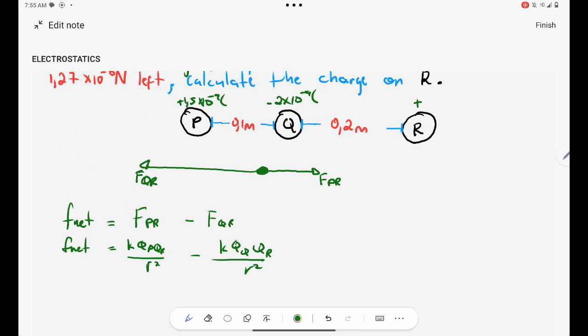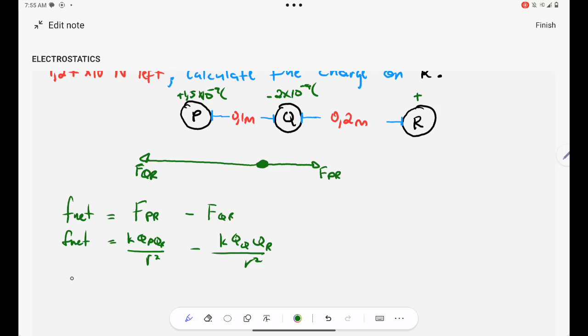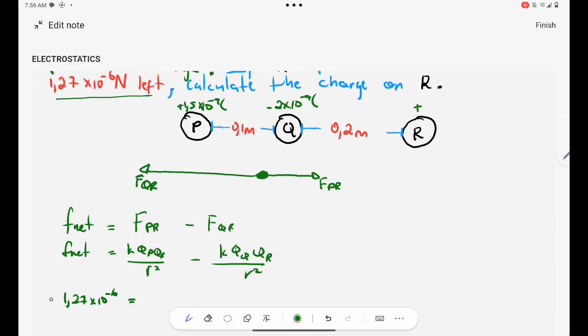I am given the magnitude and direction of my fNet. So that's 1.27 times 10 to the power negative 6. But remember that, guys, I have chosen the right hand side to be positive, but my fNet is towards the left, so it has to be negative. Are you together?